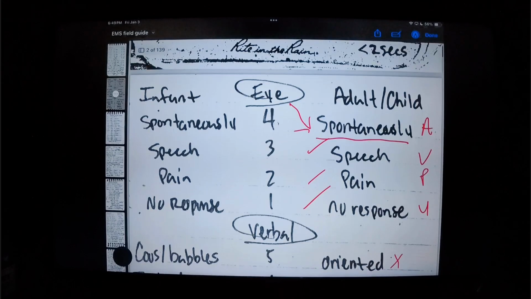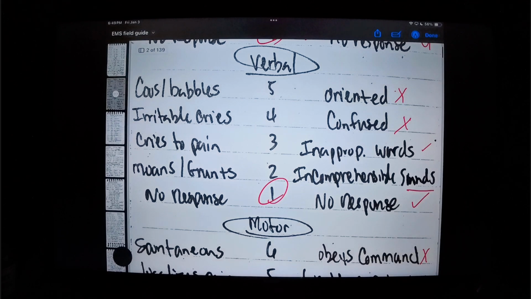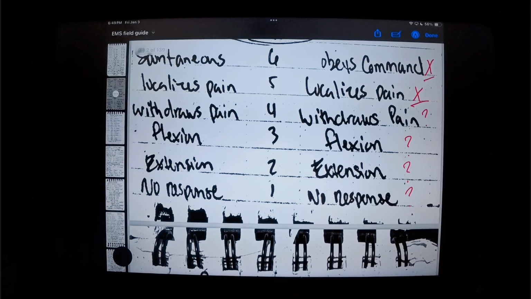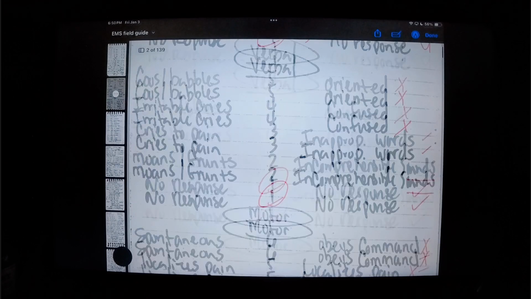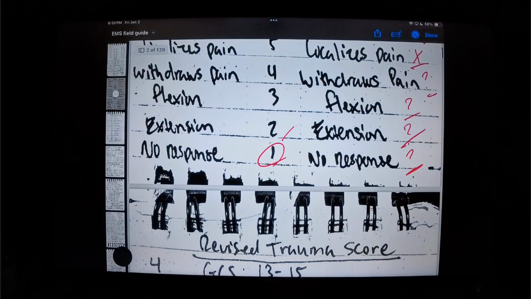So then we go from no response, that's 1, 2. And in motor, are they going to obey commands? No. Are they going to localize pain? Probably not, because they're unresponsive. Withdrawal from pain? Yeah, you could get that one. Flexion, extension, they're all involuntary reactions. Or we could get this one, and you add them. So now you have 1, 2, 3, and that's how we get.